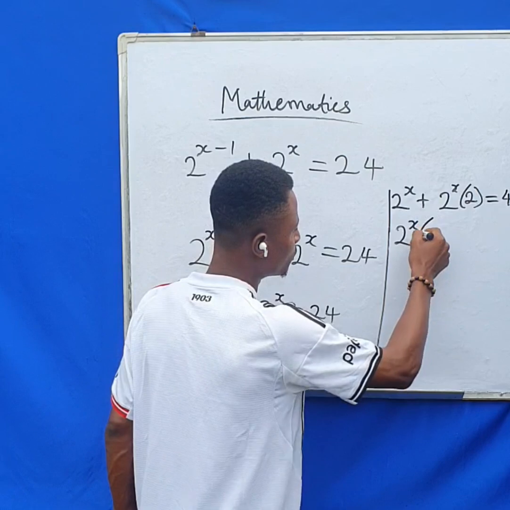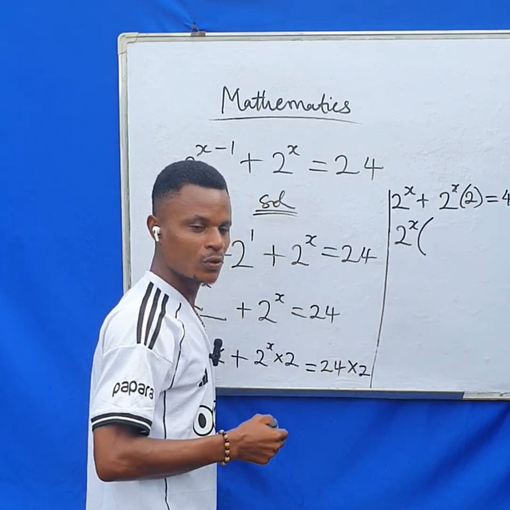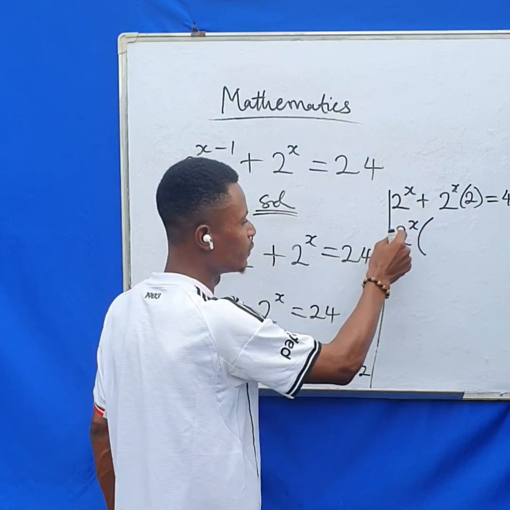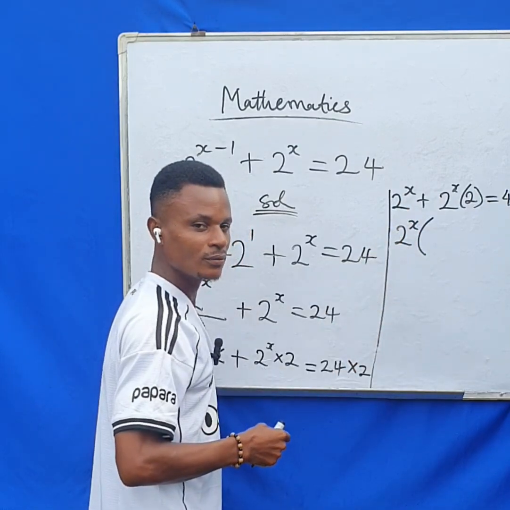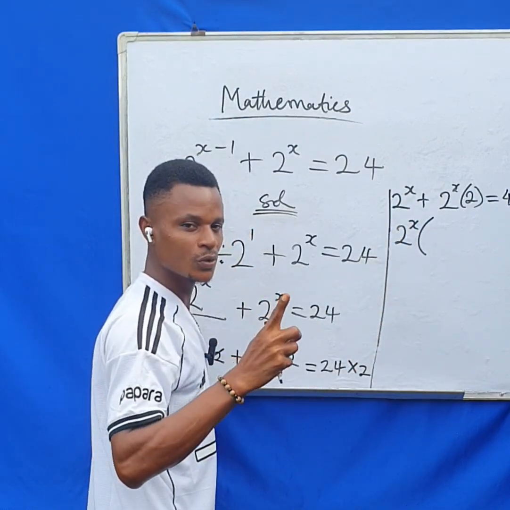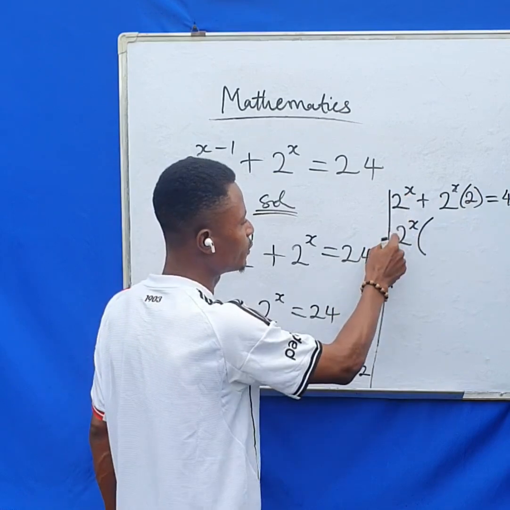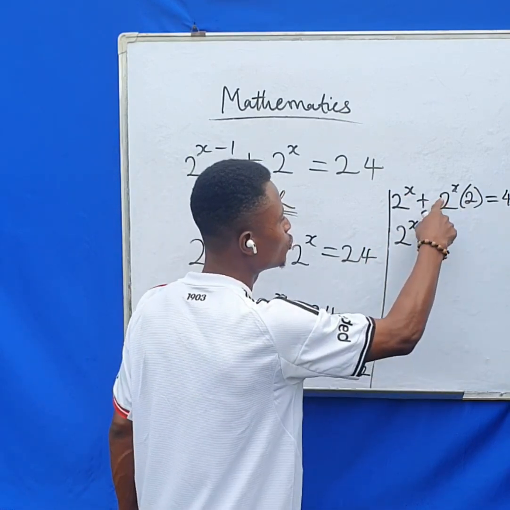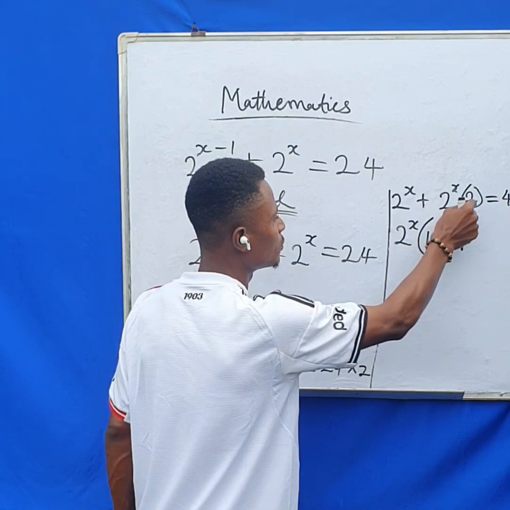Now that we have brought out the 2 raised to the power of x that is common, we open a bracket and then use this 2 raised to the power of x divided by 2 raised to the power of x. Anything dividing itself is equal to 1. So when this one divides this, we are going to get 1. Then plus 2 raised to the power of x times 2.